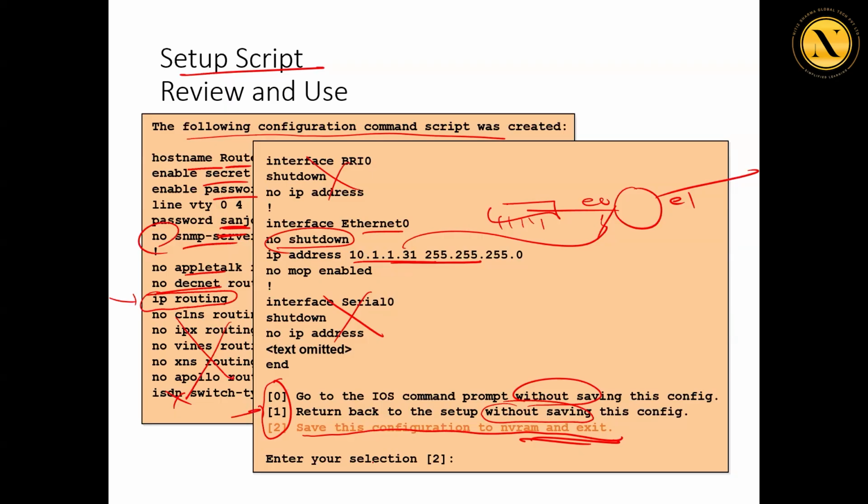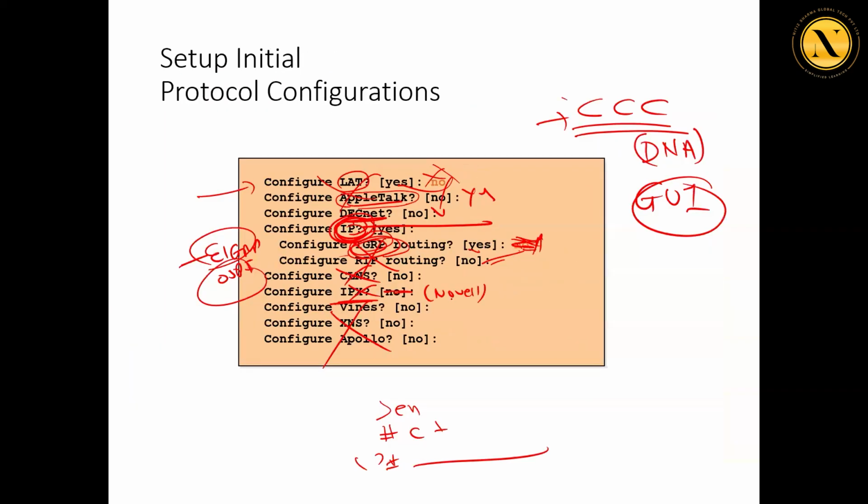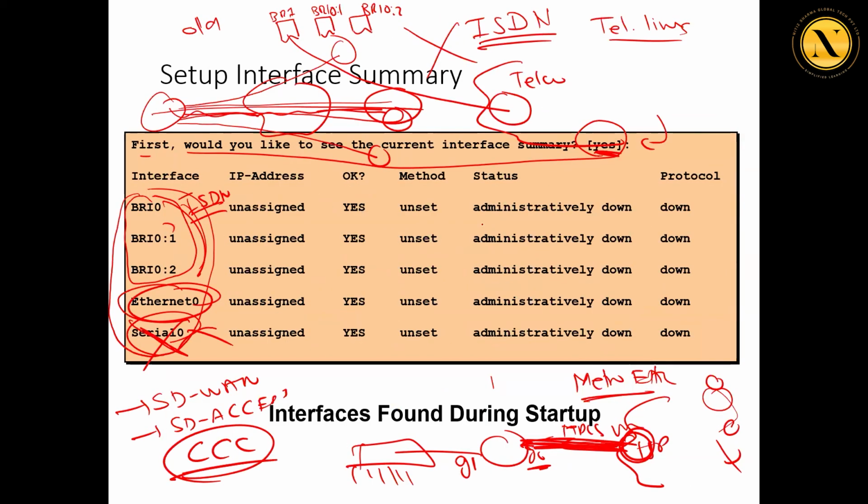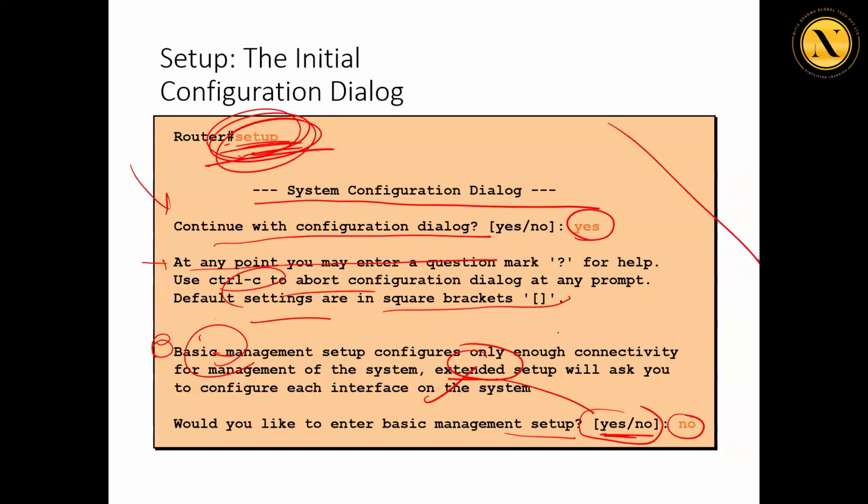0 and 1 will not save. If you type 1 here, it will return back to setup mode without saving all these commands that you had given. Got it? Without saving all these things.